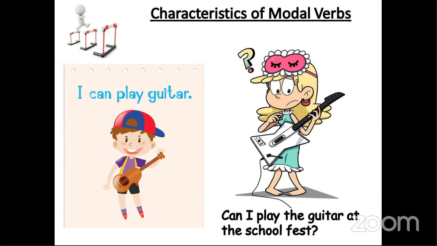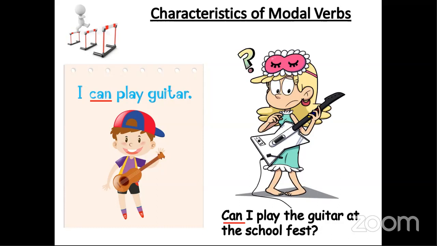What do we see here? We have used the same modal verb can, is it not? In two different situations. What are the different meanings that can express over here? In the first sentence, I can play guitar. Can works with the main verb play to express an ability or capability that this boy has.